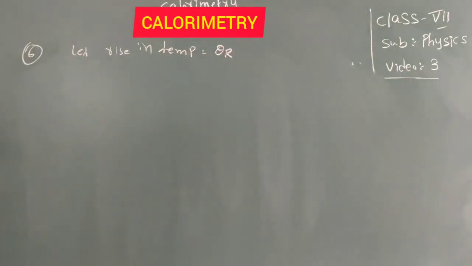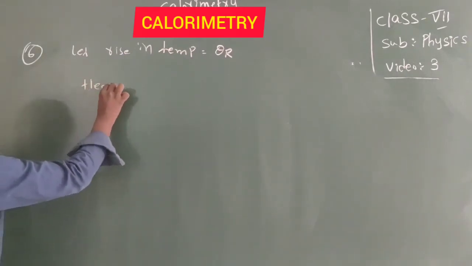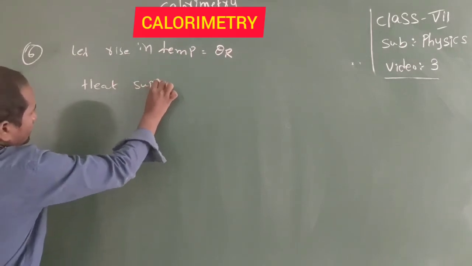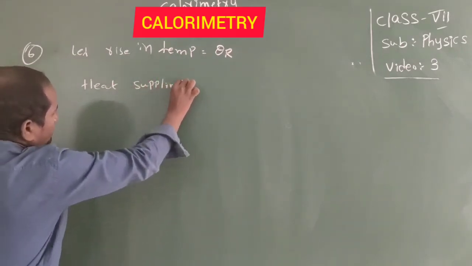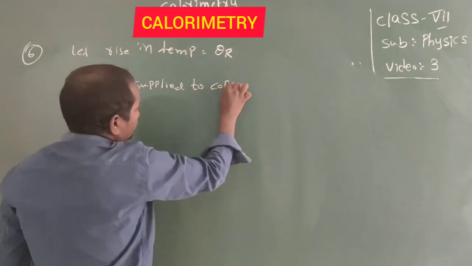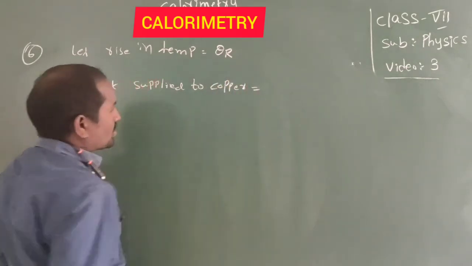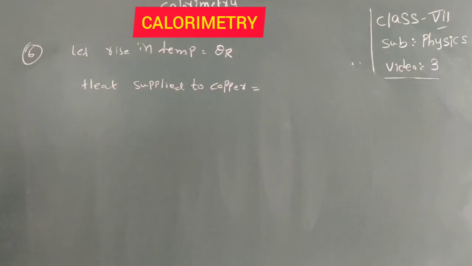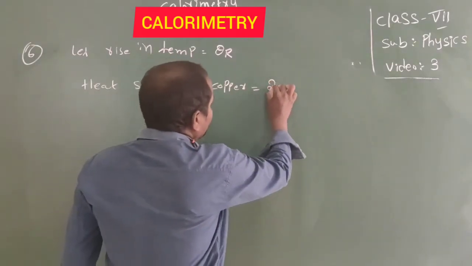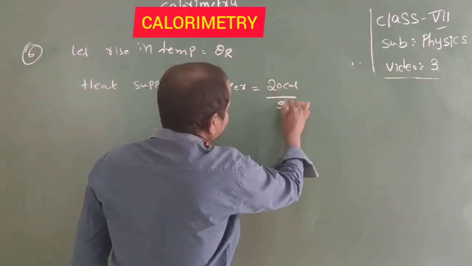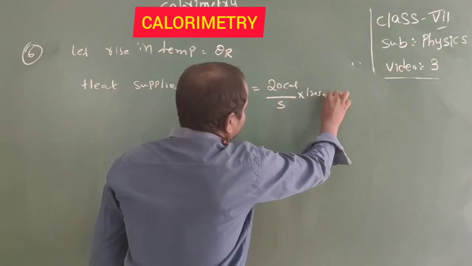Heat supplied to copper equals 2 calories per second into 2 minutes. Convert 2 minutes into seconds, that equals 120 seconds.